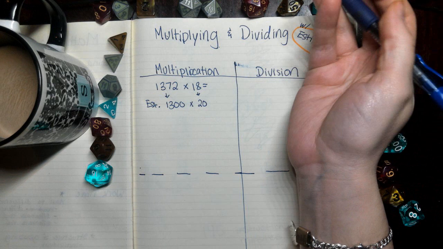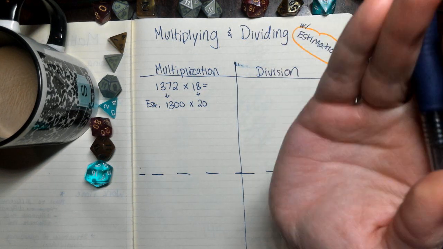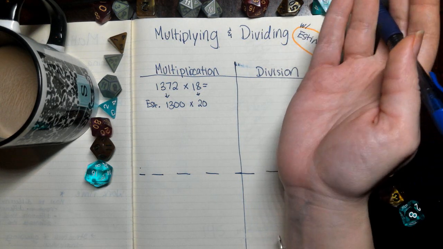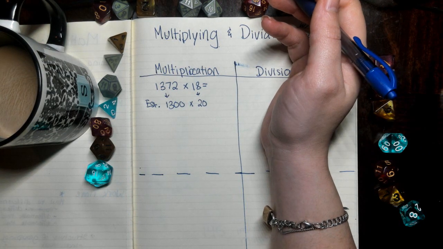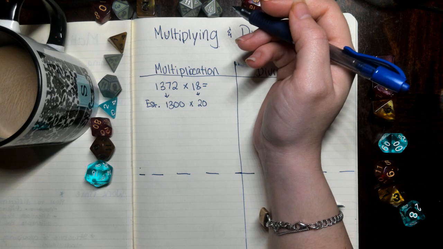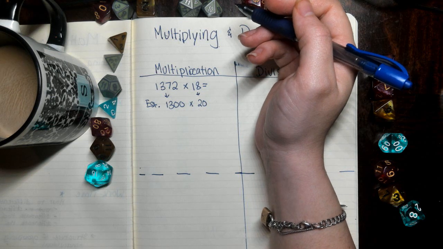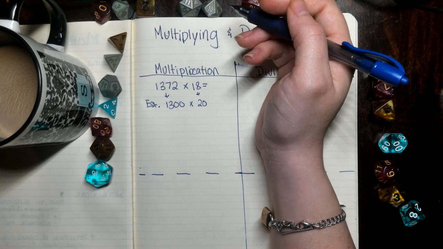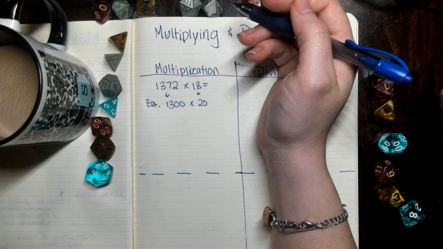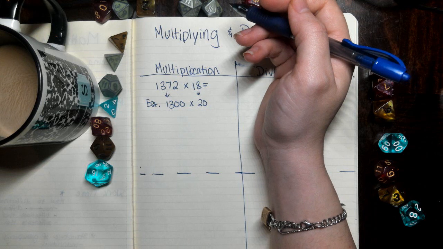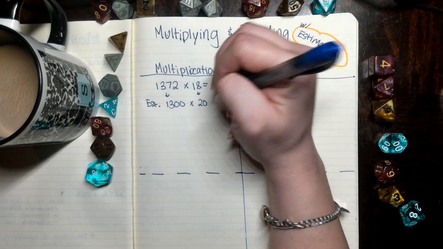So by rounding one of the factors up and one of the factors down, I can kind of do this balancing thing to where my product might be closer to my actual answer. Because sometimes you end up with a really big overestimate, and then sometimes you end up with a really big underestimate. So we're trying to avoid that.